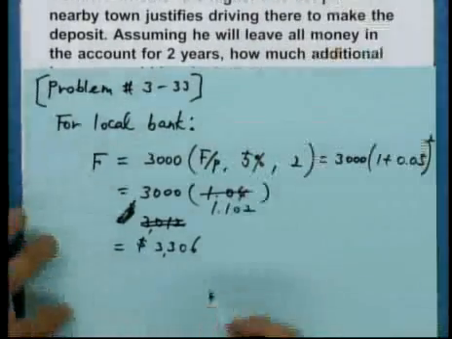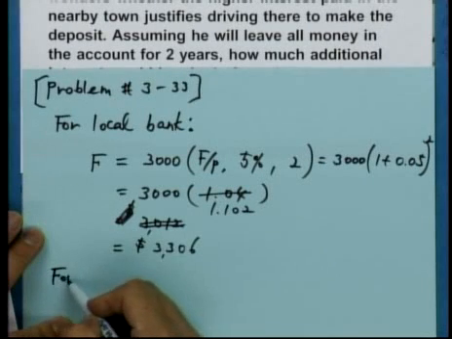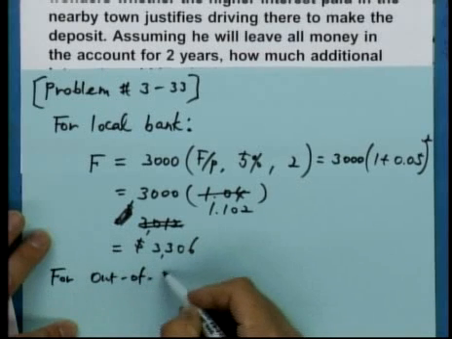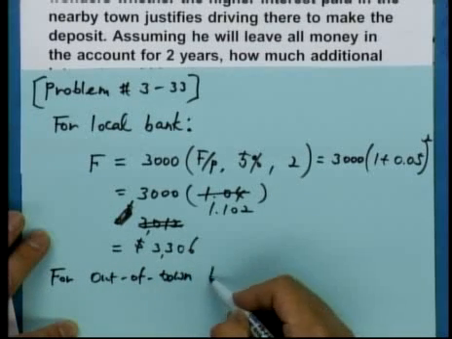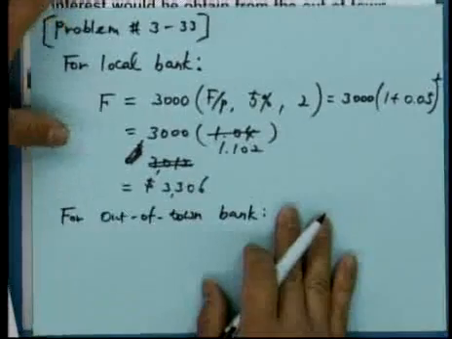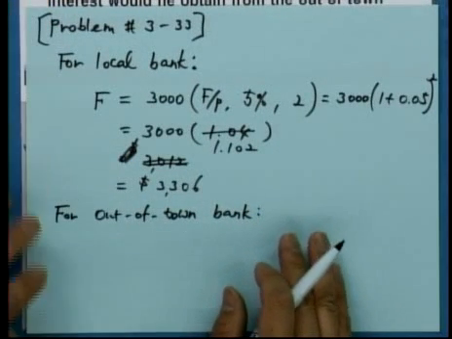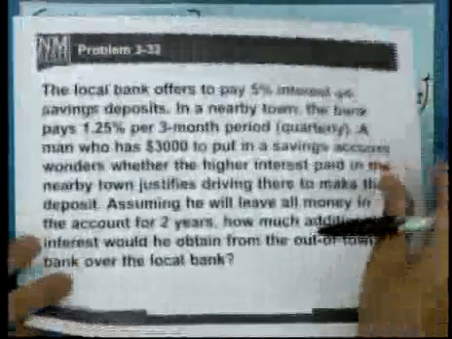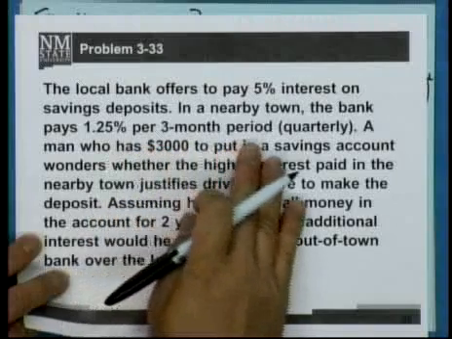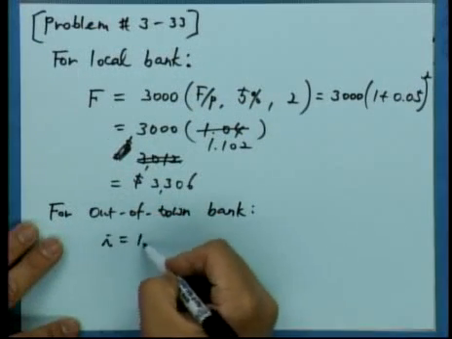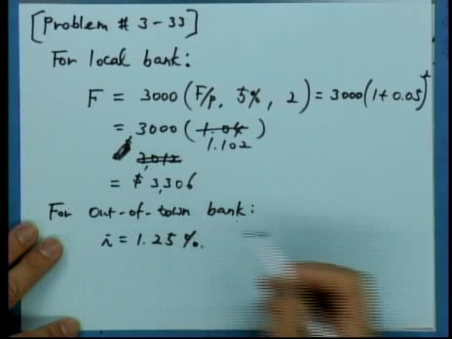Okay, now the next case, for the out-of-town bank. They are providing 1.25% per 3-month period, so we are going to use i equals 1.25%.